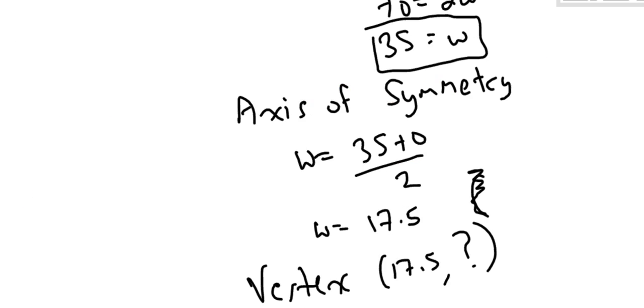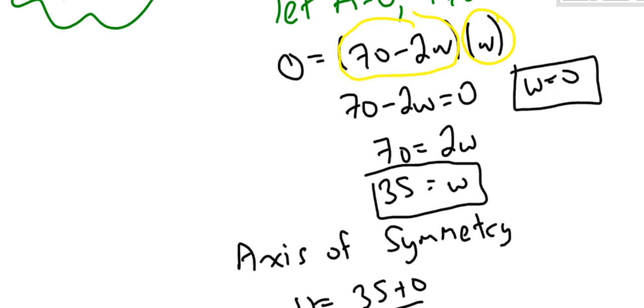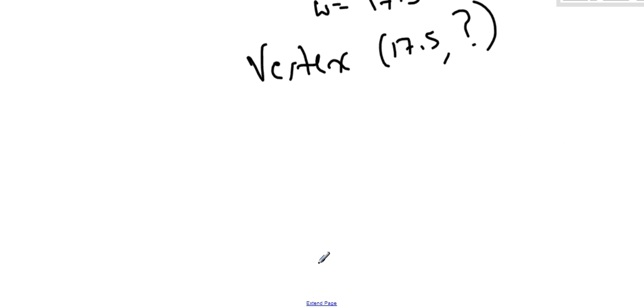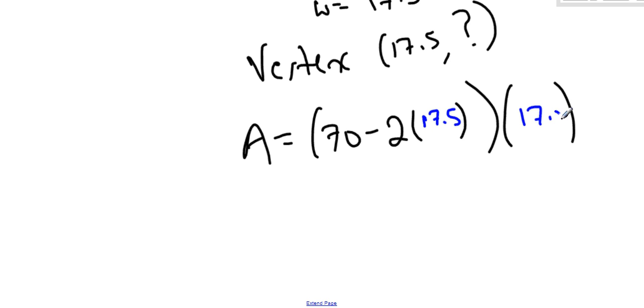So what we do is we take, again, our equation, so this equation here, and now that we've solved for w, we sub it into the equation. So area, which was 70 minus 2w, times w, and now I substitute the value of w that's on the axis of symmetry, which is 17.5. So now let's do this math.